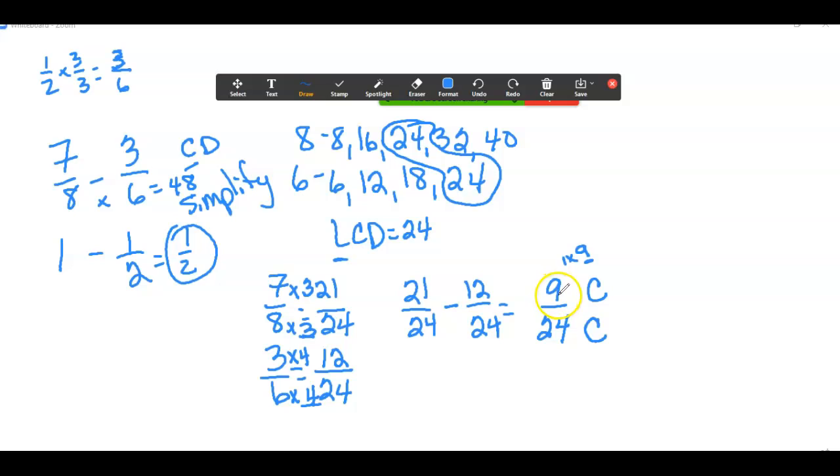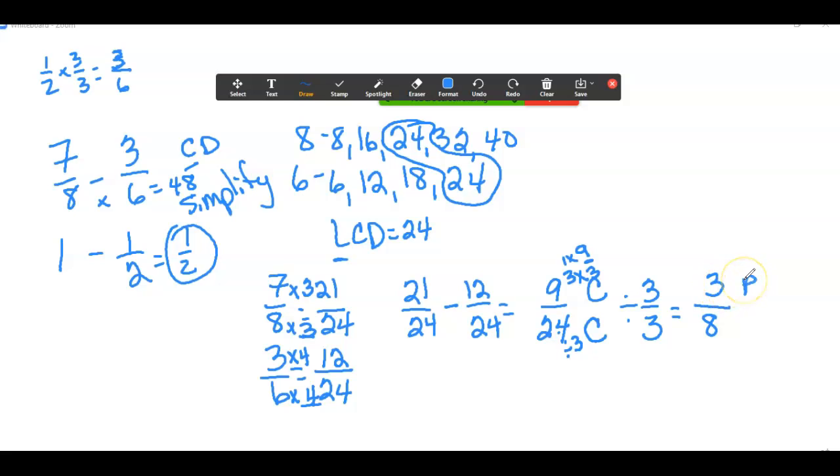But the other factor pair for 9 is 3 times 3. Can 24 be divided by 3? It can. So that means that 9 24ths can be divided by 3/3. Okay, so 9 divided by 3 is 3, and 24 divided by 3 is 8.